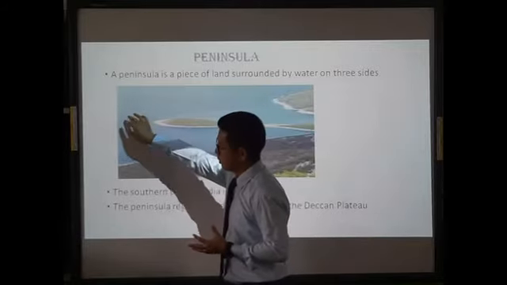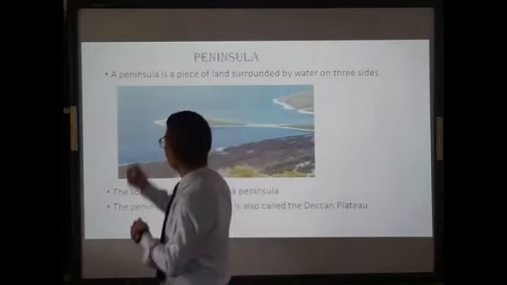Here, on sides 1, 2, 3, it is all covered with water except the fourth part, and the fourth part is attached to the land. So we cannot say this is an island, but it is actually a peninsula.